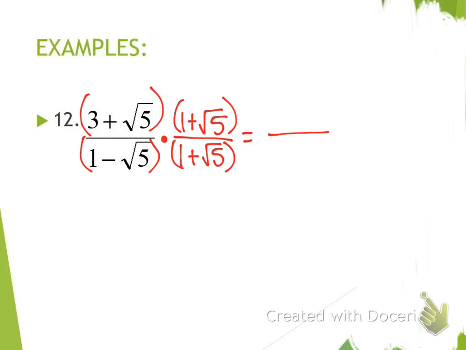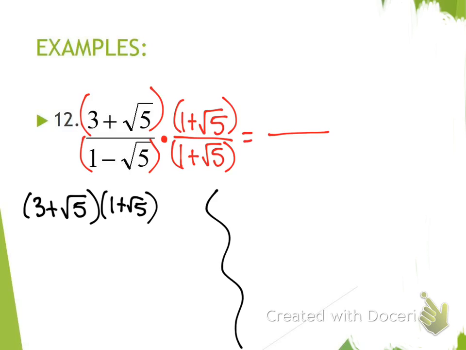So over here I'm going to do 3 plus root 5 times 1 plus root 5, and I'm going to work it all the way out and get an answer. And then over here I'm going to do 1 minus root 5 times 1 plus root 5, work it all out, and then put my answer up here. You do not have to do it that way, but to me it gets a little confusing otherwise.